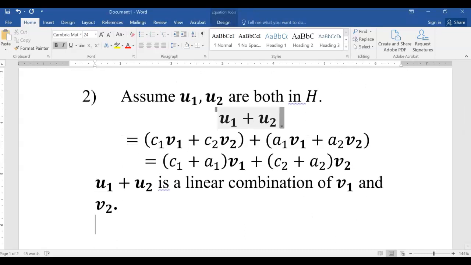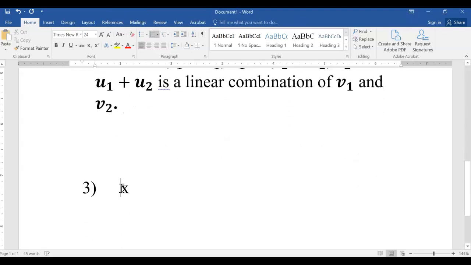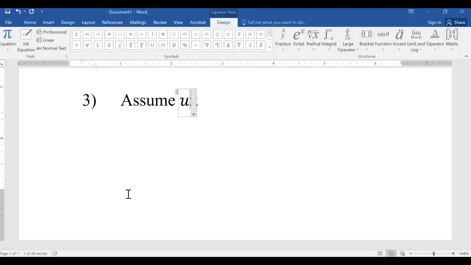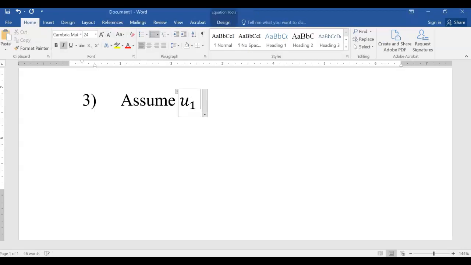Now let's look at the third property. The third property says, let's assume that we have a vector, again I'll call it u1, in H. And let's assume that we have a scalar, c, from the real numbers.